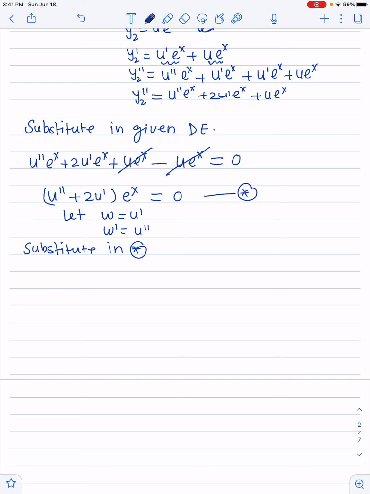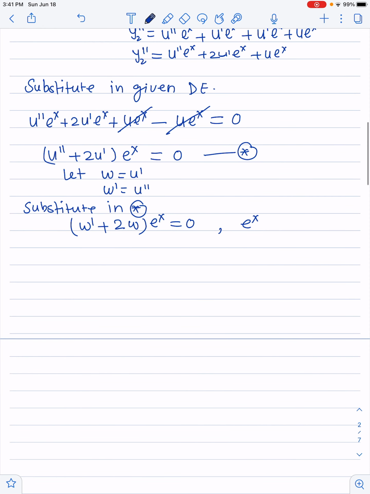So u double prime is w prime, plus 2 u prime is just 2w, times e to the x equals 0. And we can divide both sides by e to the x, since e to the x is not 0. So we will only have w prime plus 2w equals 0.